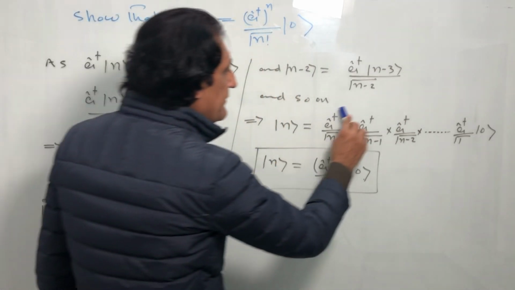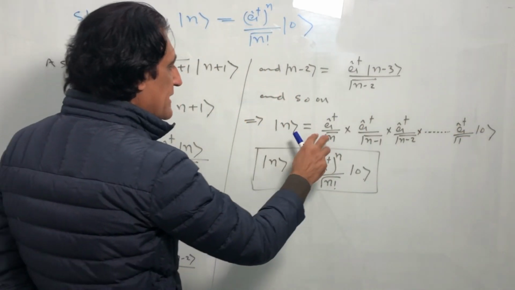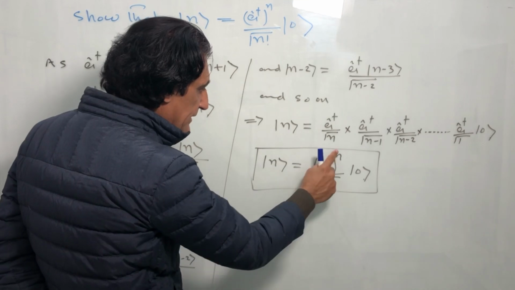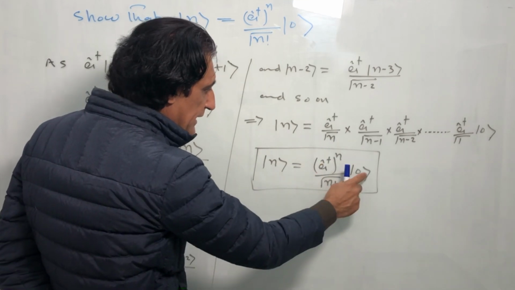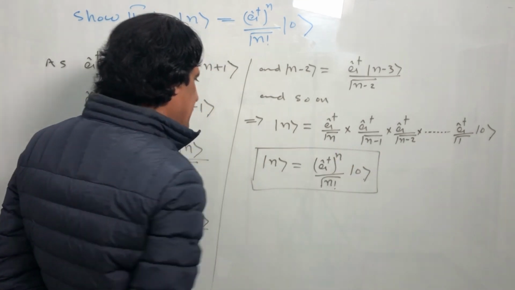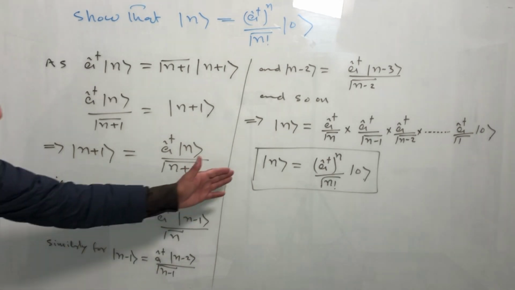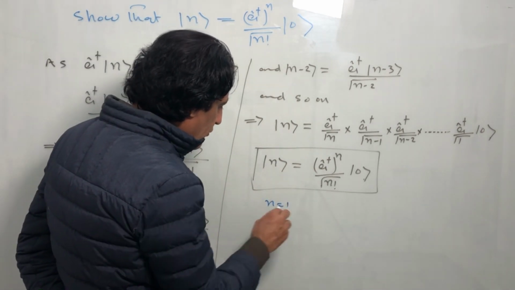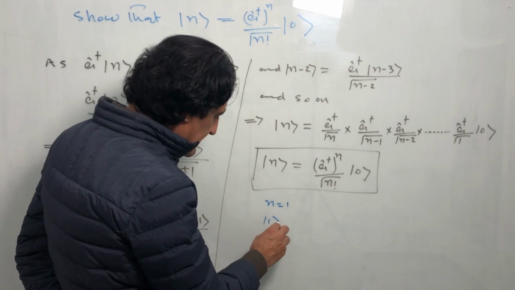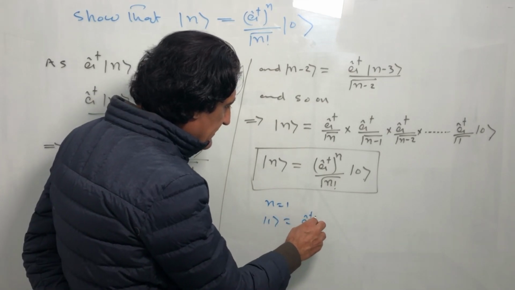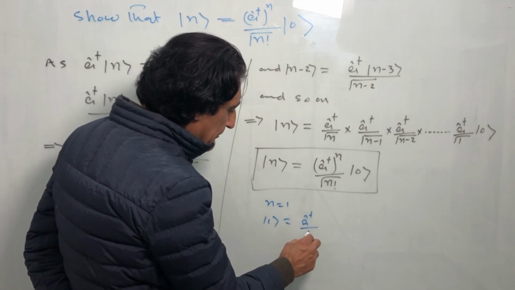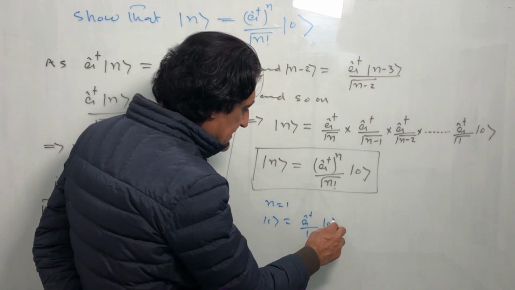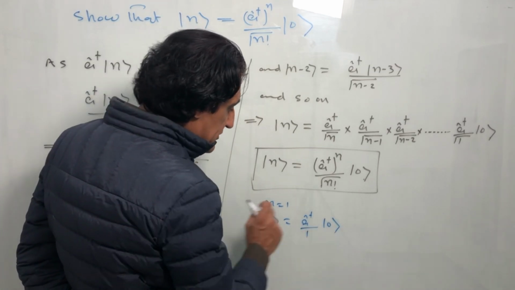And finally, we can write this in a compact form, a dagger power n over square root of n factorial, and we can get this expression. And for this, if I consider n is equal to 1, so it means that 1, which is equal to a dagger 1 divided by 1 factorial, and this can be operated on the vacuum state.